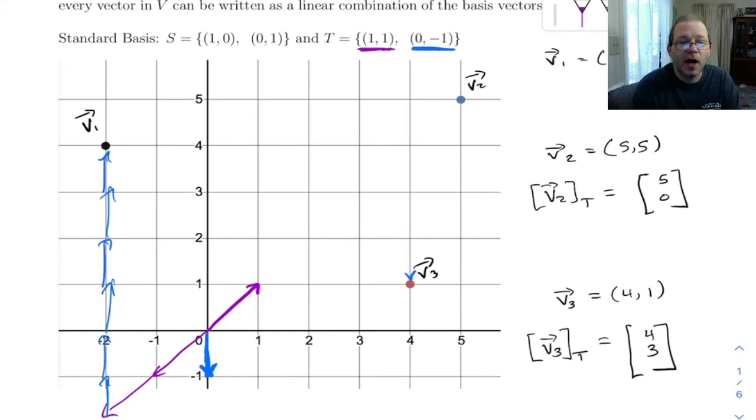Now those are pointing in the opposite directions of the original ones. So what we'd have here for V1 is the purple. We've got -2 of those because they're pointing in the opposite direction. And then how many of the blues do we have? 1, 2, 3, 4, 5, 6. But again, they're pointing in the opposite direction, so -2, -6.